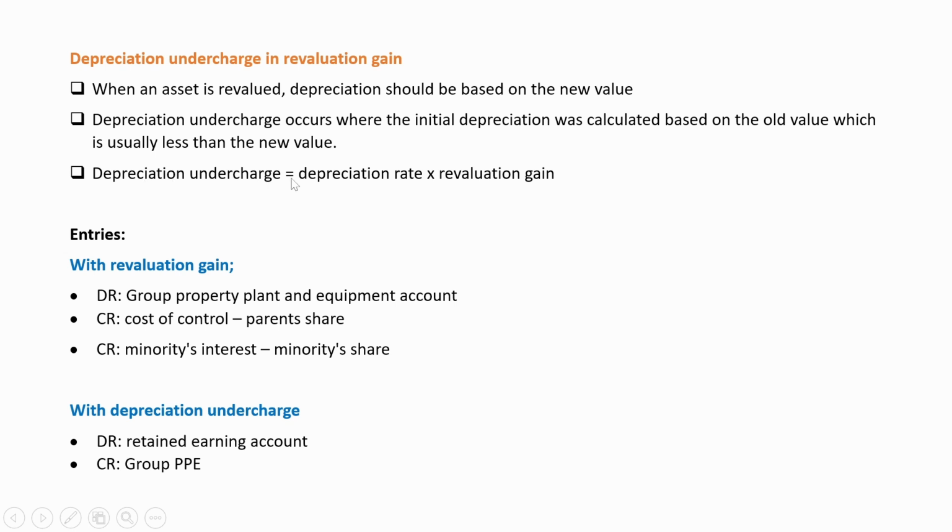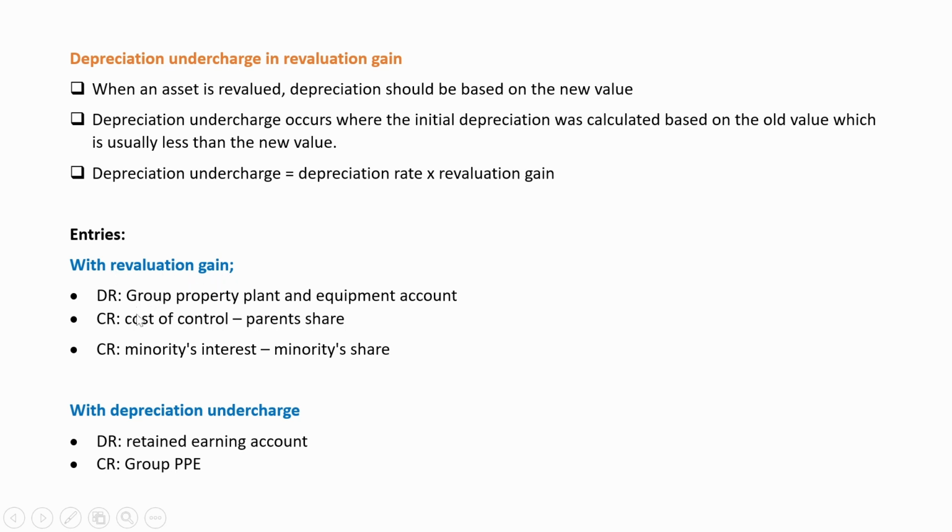Depreciation undercharge is equal to depreciation rate times revaluation gain. So you take the revaluation gain, either you multiply by the depreciation rate, or if you are given the useful life in years, you take the gain and divide by those years, then that is the amount of depreciation undercharge. So you're going to make the following entries with the revaluation gain.